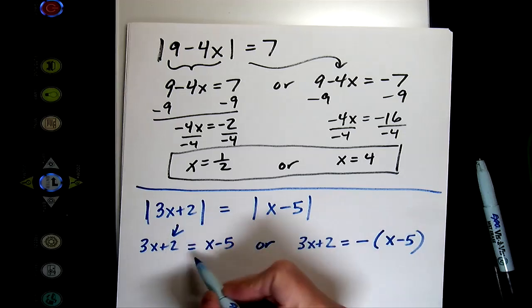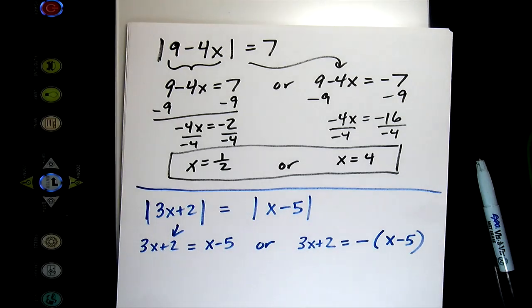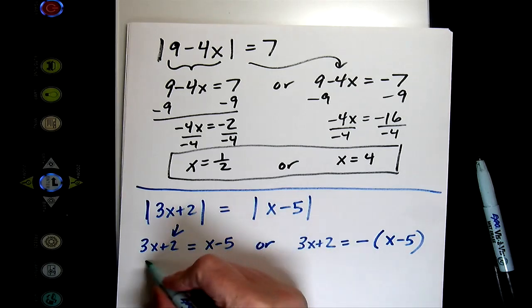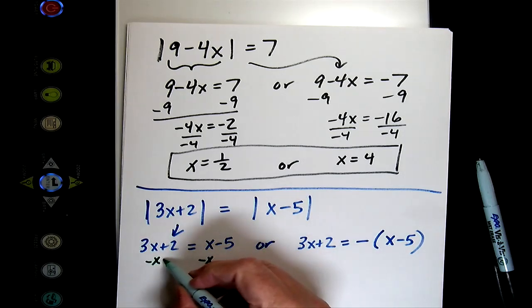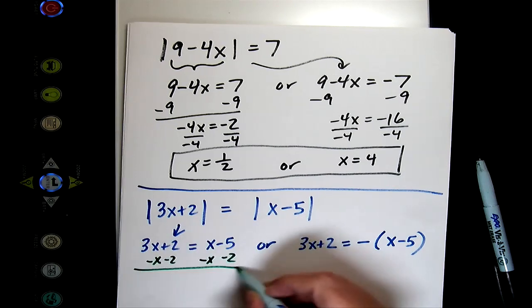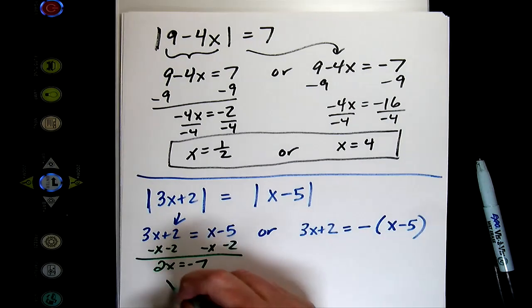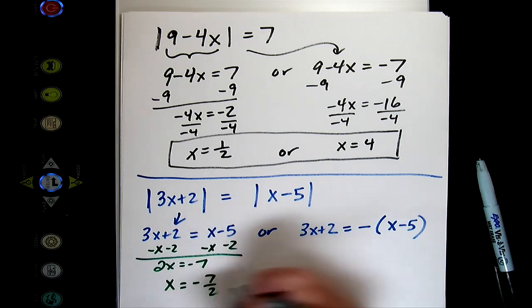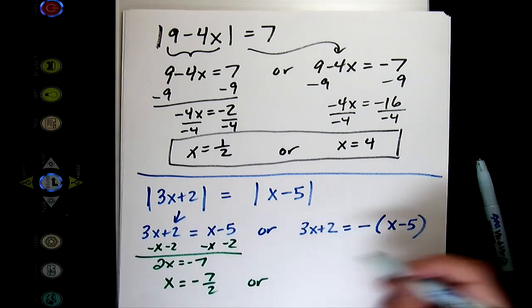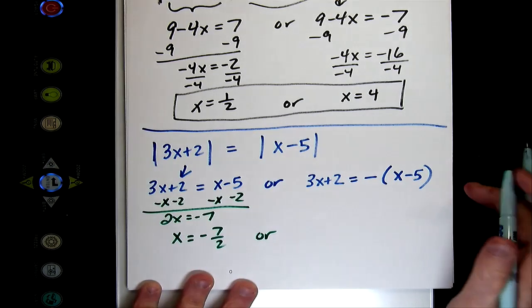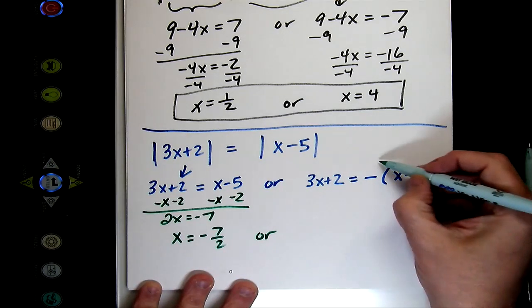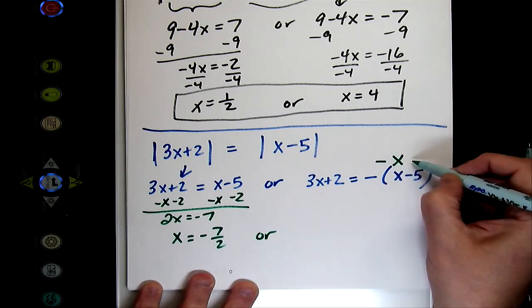So I'll subtract x here. And I'll move the 2 over there. I got 2x equals -7. So x equals -7 over 2. Or I'm going to distribute this above it real quick. I've got -x plus 5.